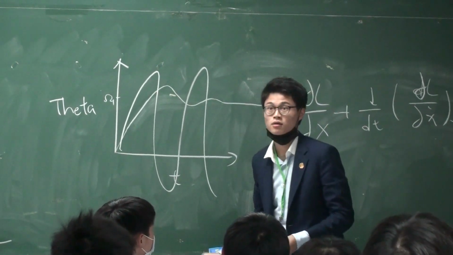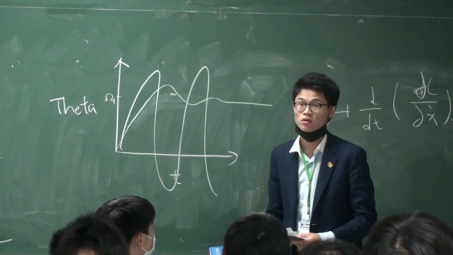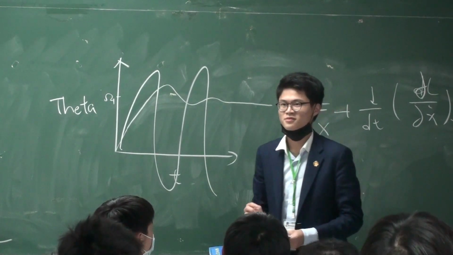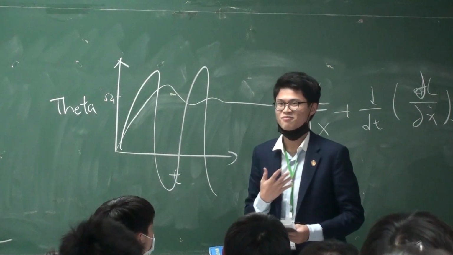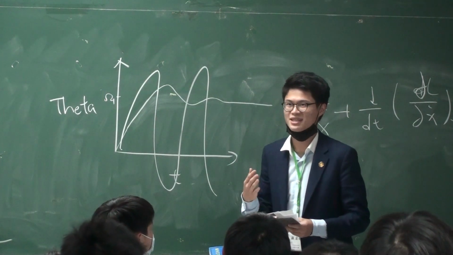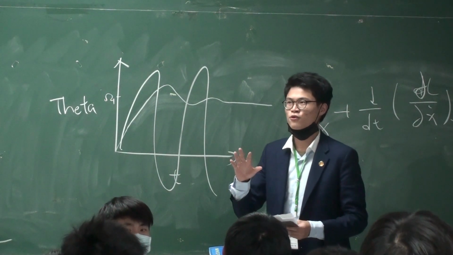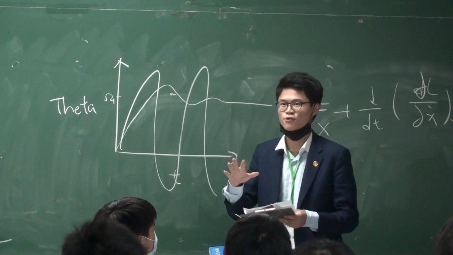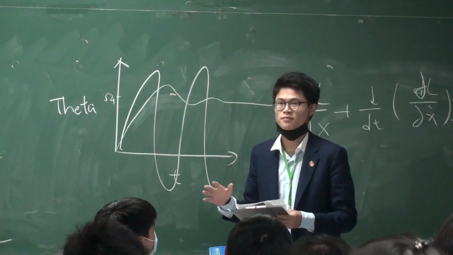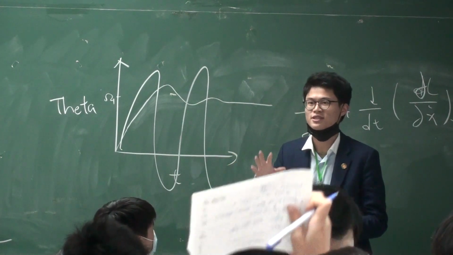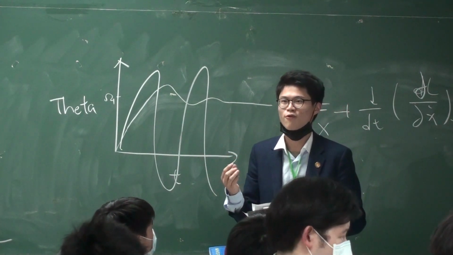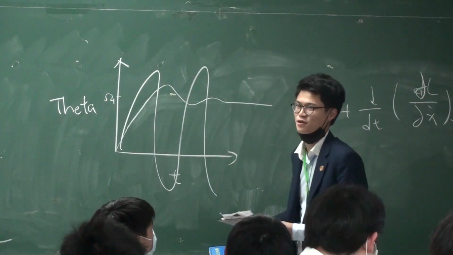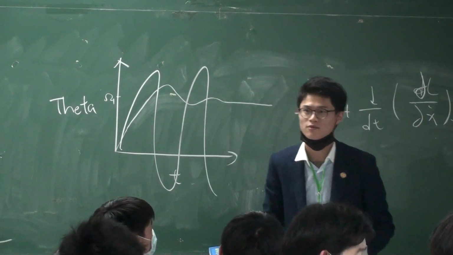But my question is, why drag force instead of friction? Very good question. In my experience, the way we add a drag force is through a negative term in velocity, right? And if it's a friction force, it is a constant, so it's very hard for us to put it inside the equation of motion. That's my answer. Thank you.